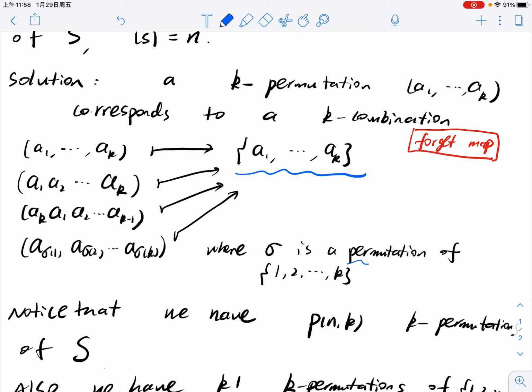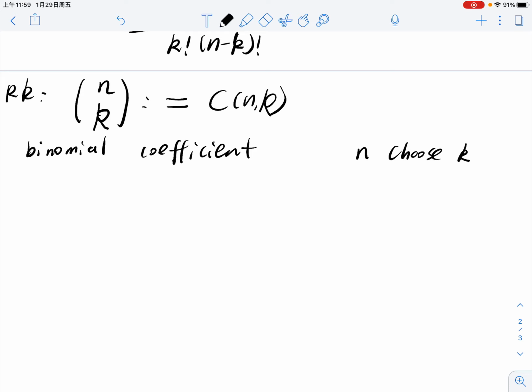This is the same as C(n,k), but more commonly used as a binomial coefficient, appearing in Newton's formula. We also call it n choose k for short.